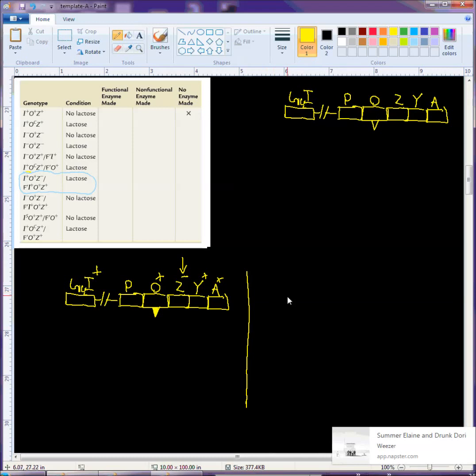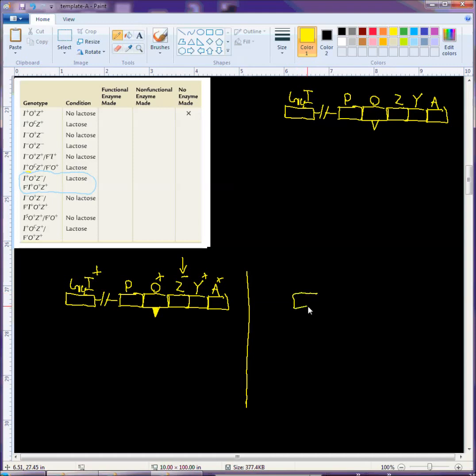So what about the plasmid? Okay, so normally when we're looking at the plasmid, we're saying we have a copy of O, or we have a copy of I. In this case, we're going to have to say we have a copy of LAC-I. Okay, so LAC-I plus. And then maybe it's not quite connected, just like in the normal case, maybe it's not right next to the other genes, but it's still on the plasmid.